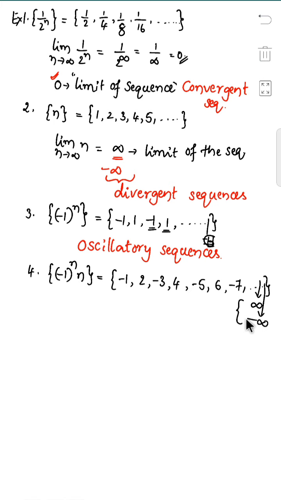You cannot say whether the sequence is approaching positive infinity or negative infinity. So this is also an oscillatory sequence, but it does not have finite oscillations, it has infinite oscillation. So you call such sequences oscillatory sequences oscillating infinitely.